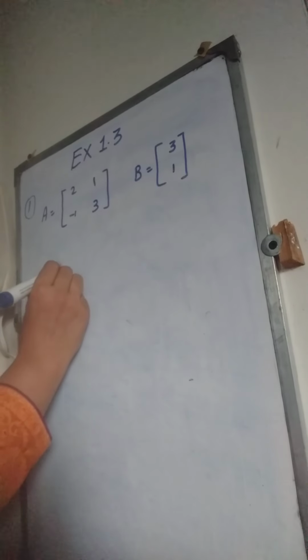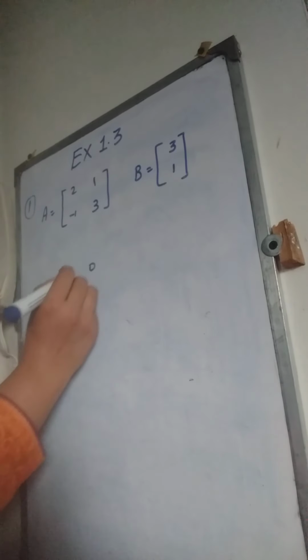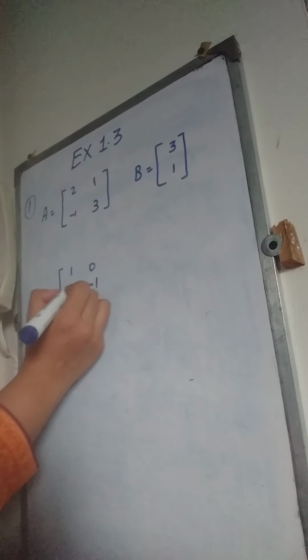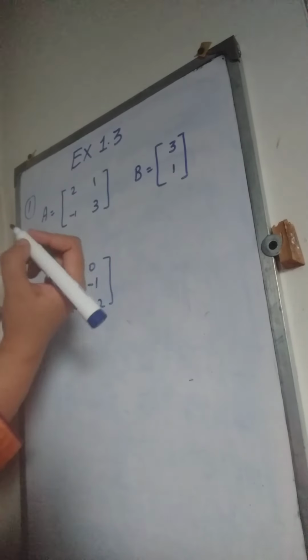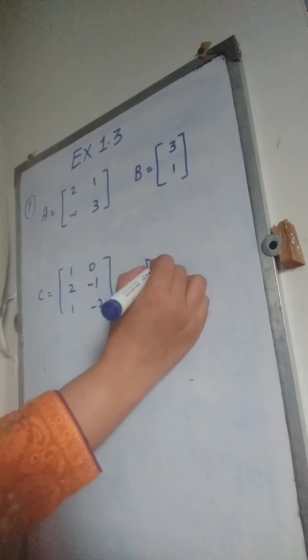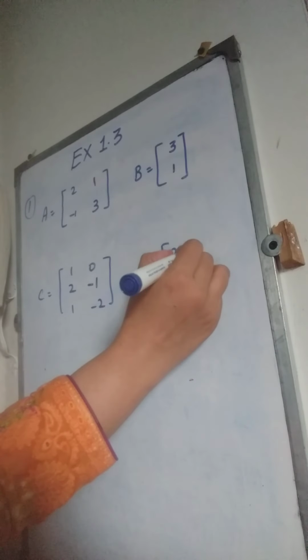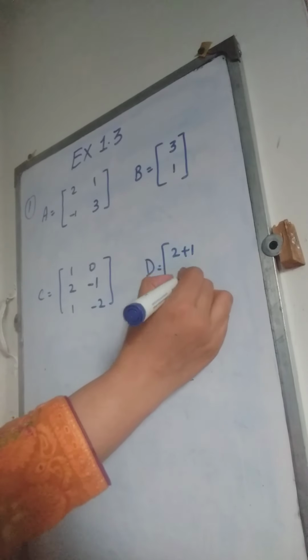The matrix B is this. Matrix C is 1, 0, 2, -1, 1 and -2. This is matrix C. Matrix D is 2 plus 1, 3.